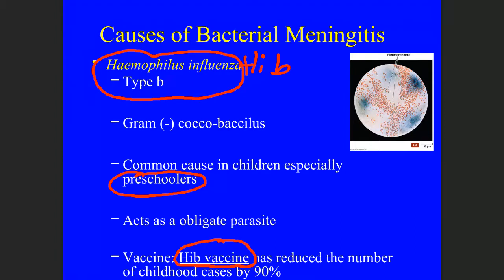Does anybody remember what that other disease is? That's correct. It's called epiglottitis, which is an infection in the epiglottis. So vaccination protects against meningitis caused by this bacteria and epiglottitis.